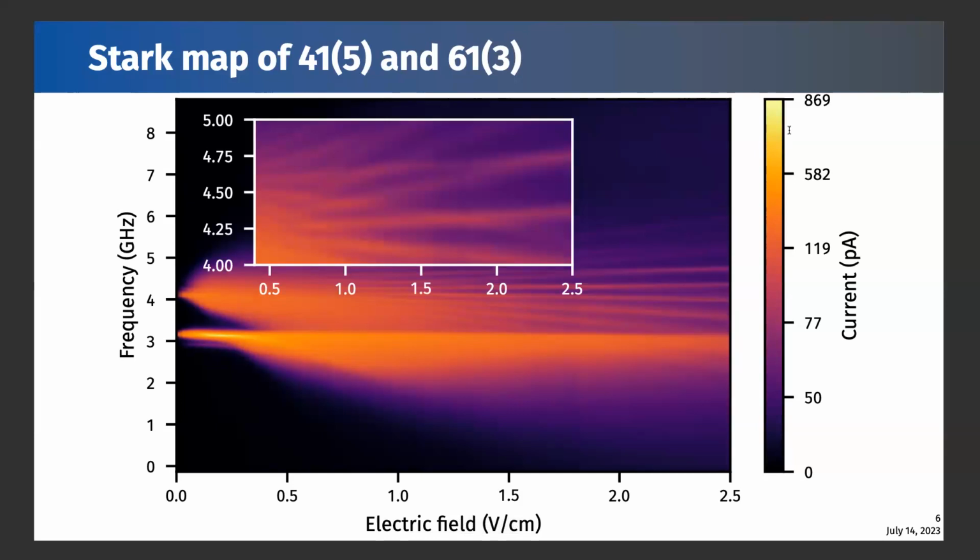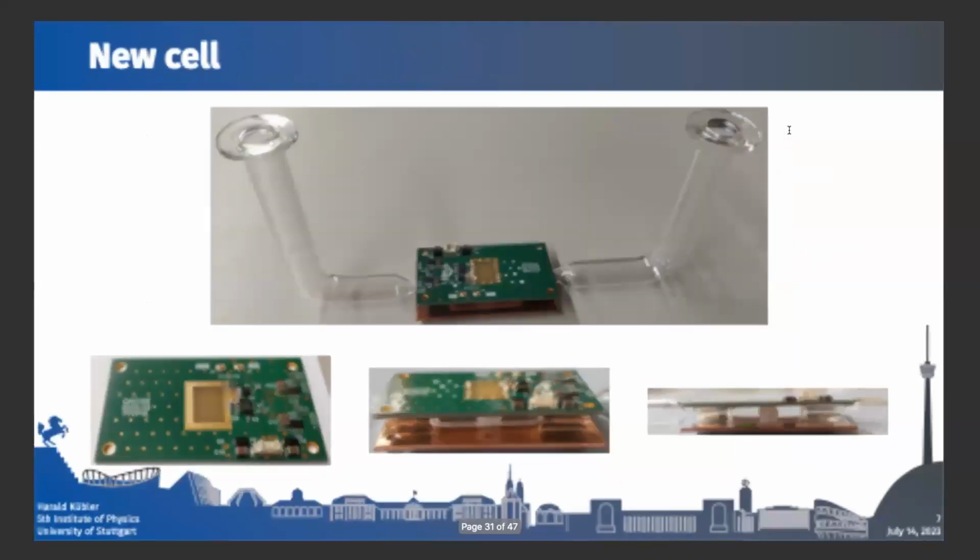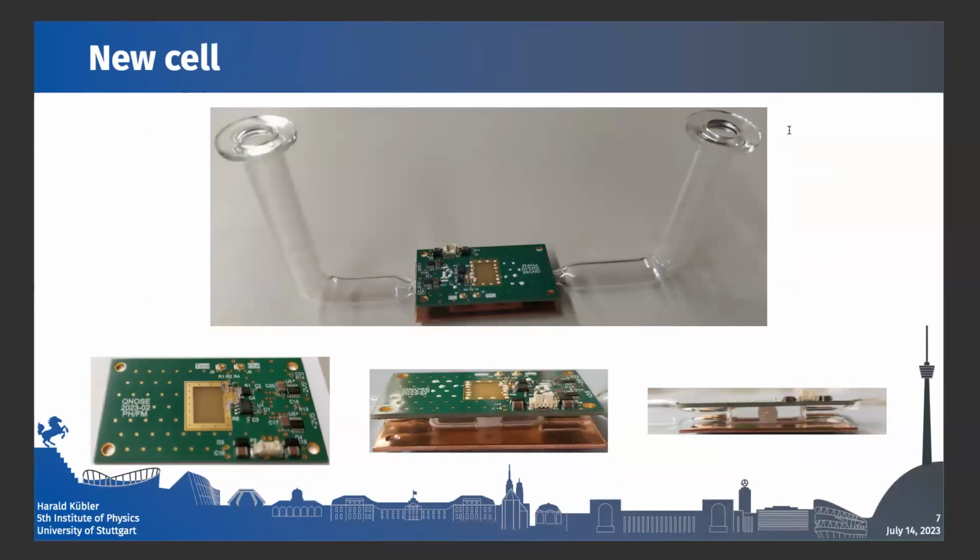But, well, I told you, we've got a collaboration with the electrical engineering guys, so we used the recent time to make use of that. We just got the next generation of our cell working. The electronics changed a lot, the geometry of the field plates changed a lot, and it looks different.